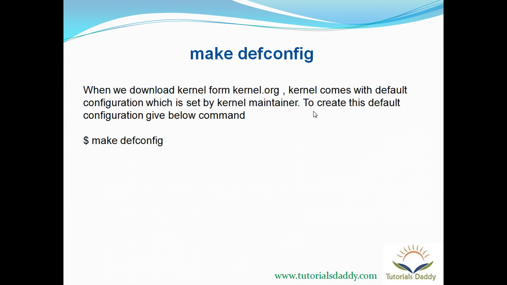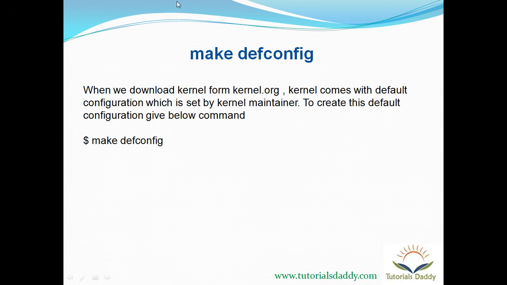So if you are doing it just to have a try at configuring the kernel, you have to run make defconfig. Make defconfig will do the default configuration of your Linux kernel. It will automatically pick up all the default configuration and configure accordingly.